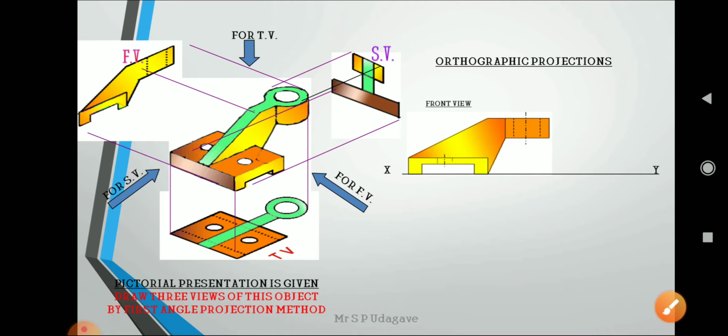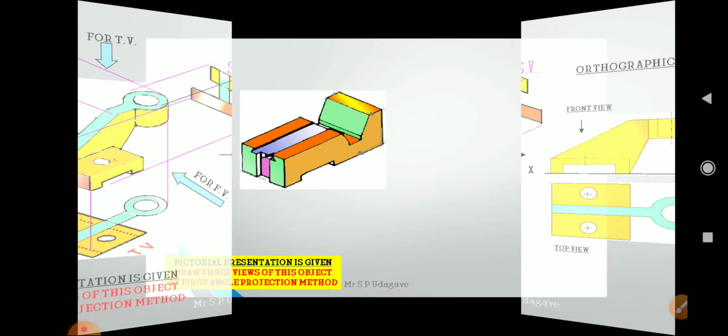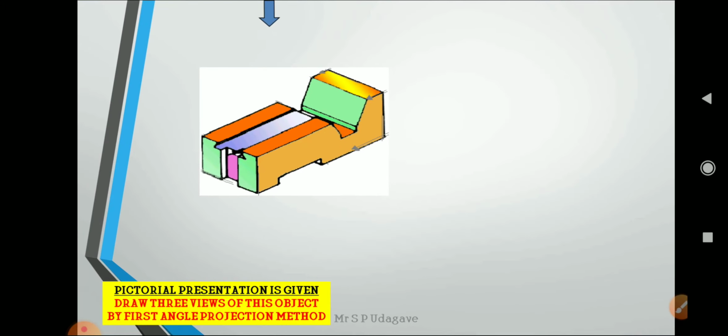In the top view we can observe two holes, but in the front view we can observe only a single one. So we require three views to clearly view the object. Similarly, the third view also.